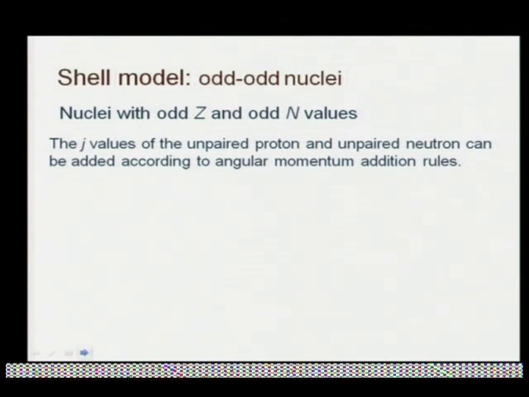Now, what about the odd-odd nuclei, with odd Z number of protons and odd N number of neutrons? In this case, we have to come to some kind of conjecture, and the proposal could be that we consider the J values of both unpaired nucleons: there is one unpaired proton and one unpaired neutron.